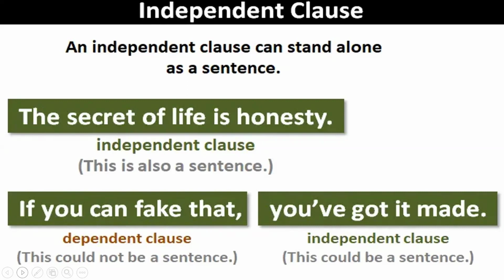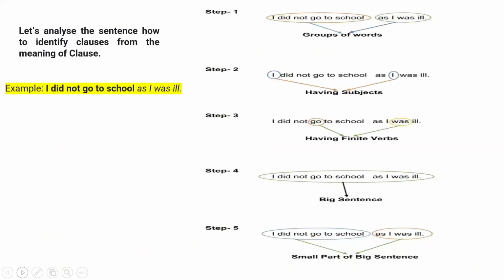Since it starts with if, a subordinating conjunction, it is a dependent clause. It does not stand alone. So if you can fake that is a dependent clause, subordinate clause, where if is a subordinating conjunction connector. You have got it made is the independent clause, main clause, principal clause.